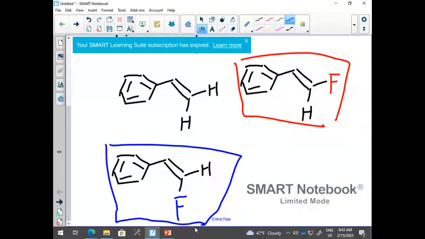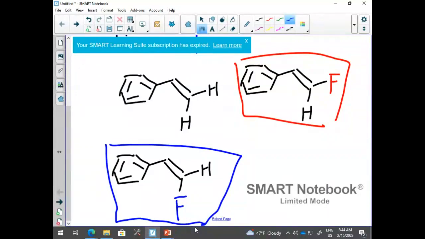The one in the red frame has an E double bond, and the one in the blue frame has a Z double bond. So these are a pair of stereoisomers. They are not the same compound. That means the two protons in question are not chemically equivalent.